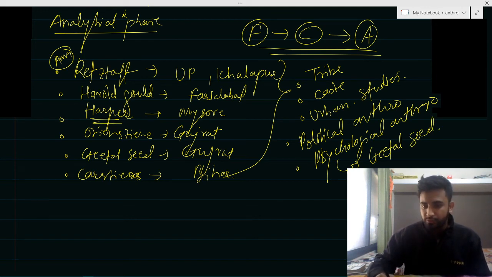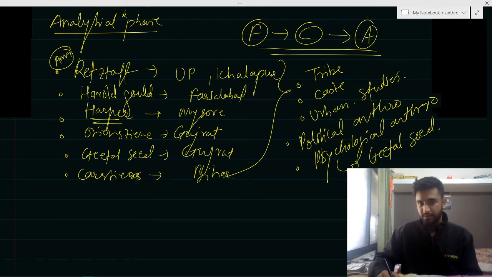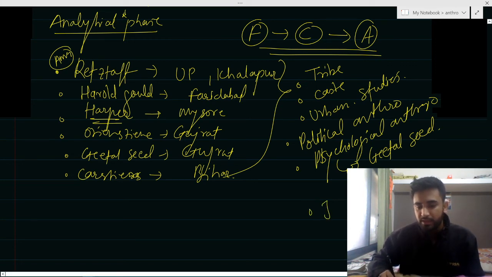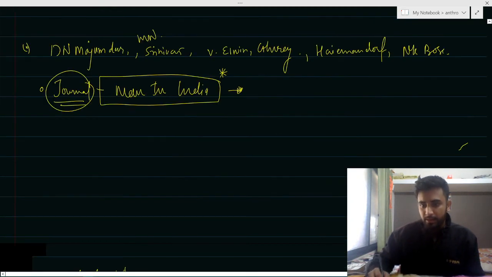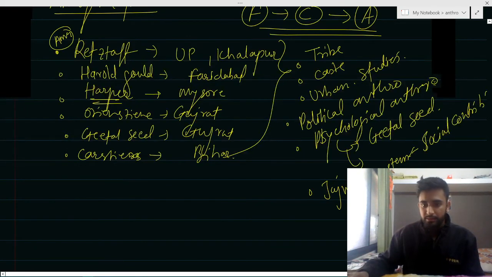Ruth Benedict also applied this. Apart from that, we have extensive coverage of the Jajmani system, so you can say here social contribution. That is all about the three phases of anthropology.